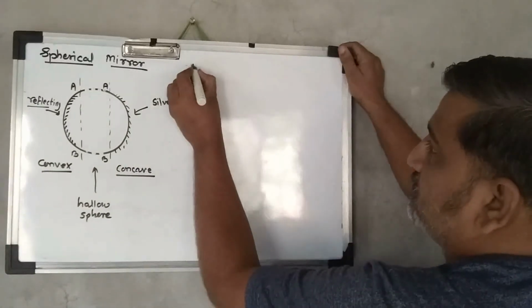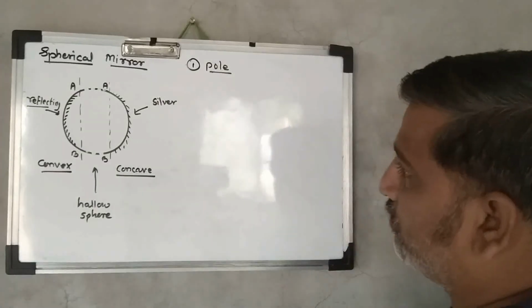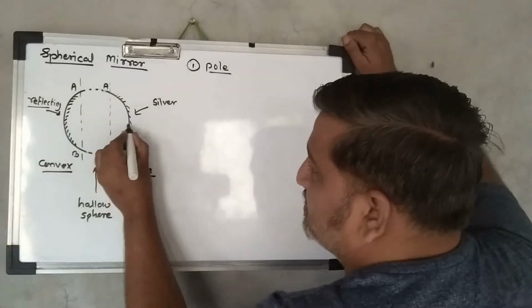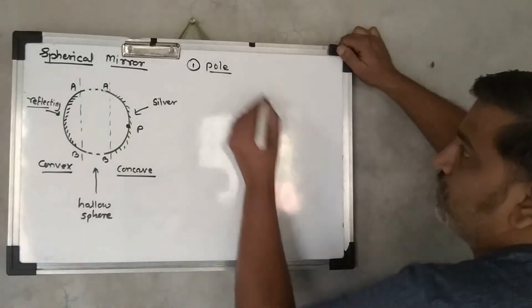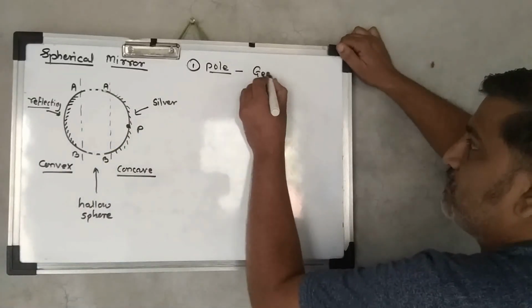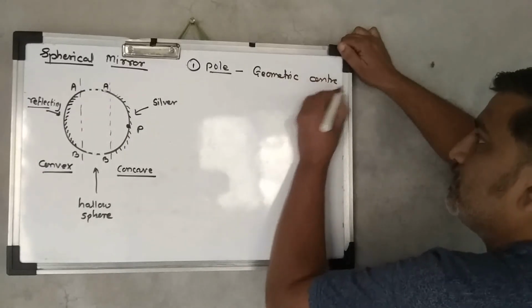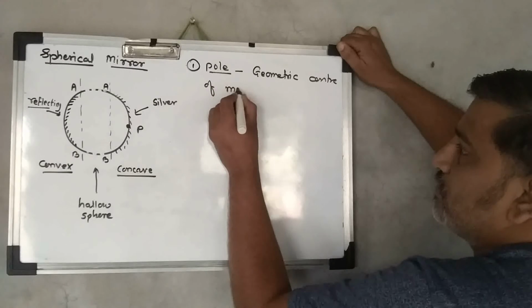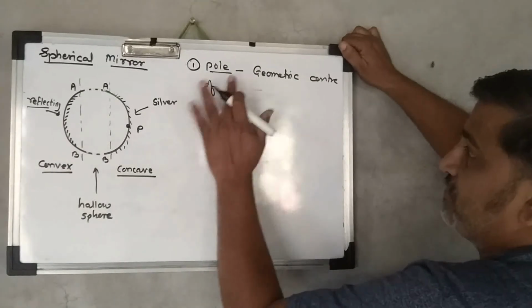The first concept is pole. What is pole? Pole is nothing but the geometric center of the mirror, or we can say the aperture of the mirror.